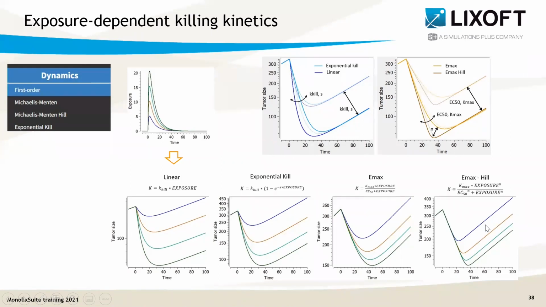Of course, it is also possible to take into account an exposure-independent treatment, for example, a constant treatment applied starting at a given time. And in that case, the only option in the library is a constant killing effect during the treatment duration. So it would correspond to K equals K kill.